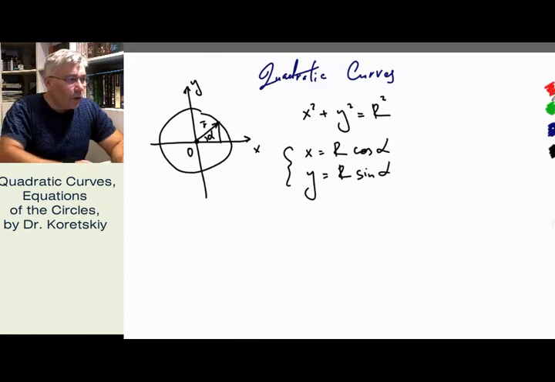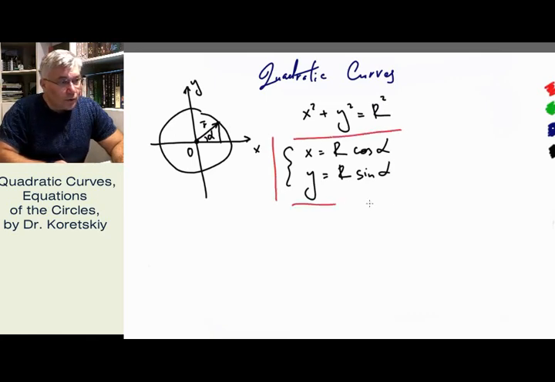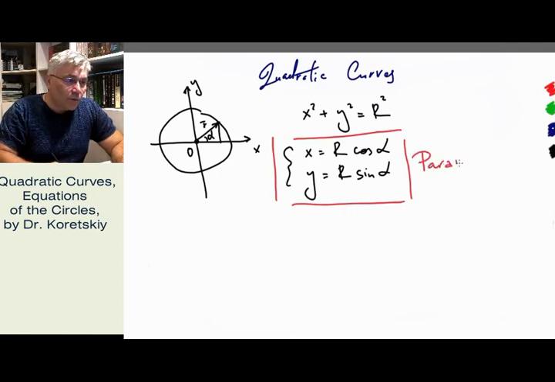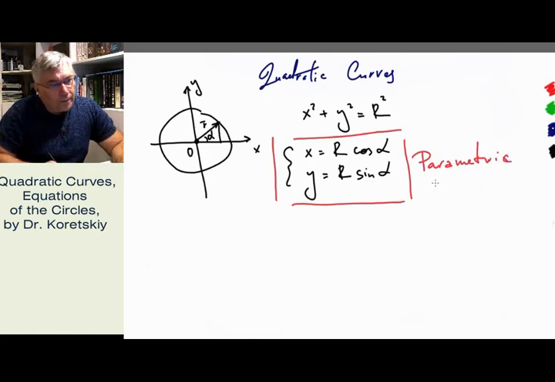This way of defining the coordinates of the circle points is known as the parametric equation of the circle.